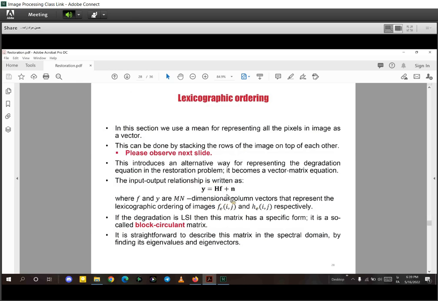That means the input-output relation is y equals Hf plus n for noise. y, f and n are the M by N dimensional extended versions. f_e and y_e are MN dimensional column vectors that represent the lexicographic ordering of the images f and y respectively.